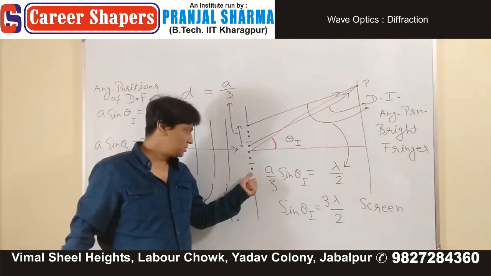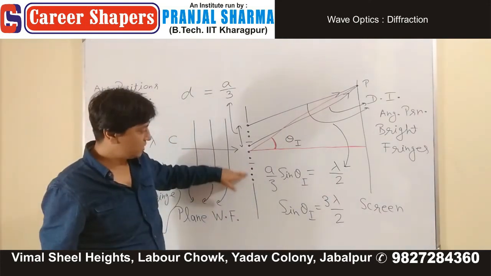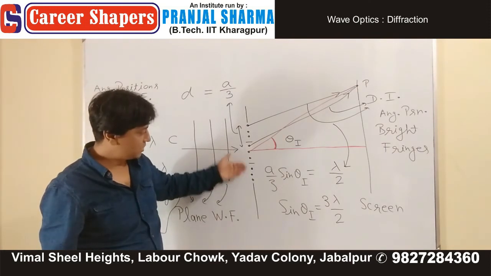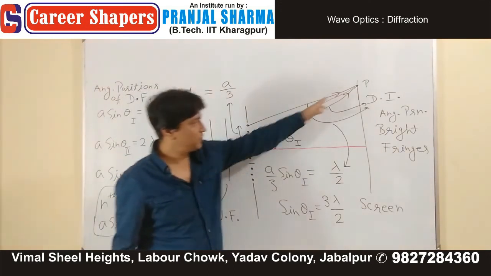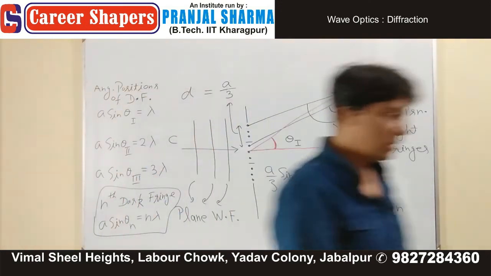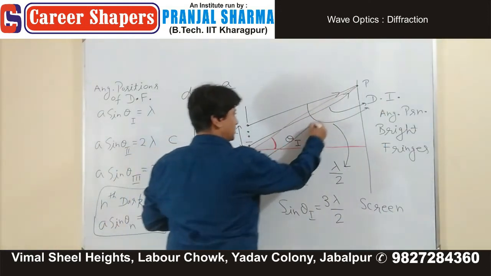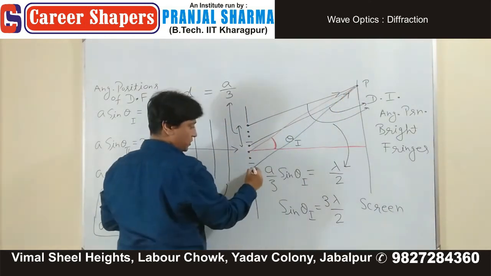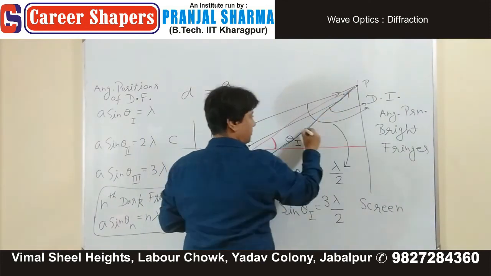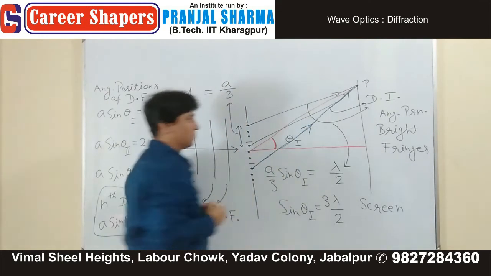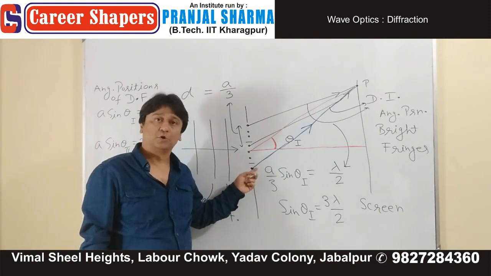Now, for this third partition, the secondary sources of the third partition are free, and their electric fields will reach this point P, shown with the blue color. And these electric fields are not going to be cancelled, because there is no fourth partition.